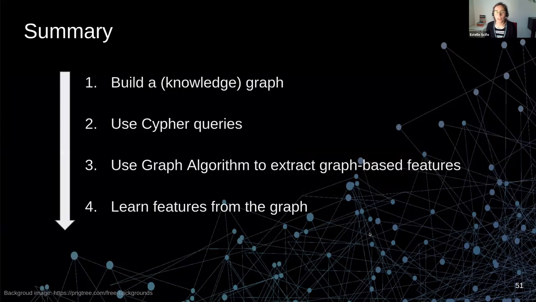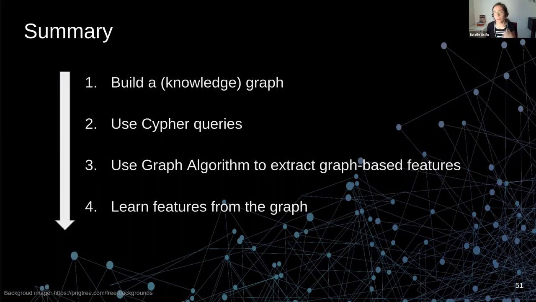So let me just summarize quickly. If you are willing to use a graph database for your analysis, you first have to think about building a knowledge graph, meaning importing your data into a graph. So thinking about your data model, what are your nodes, what are your relationships.